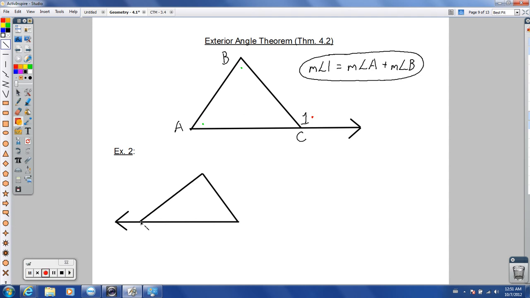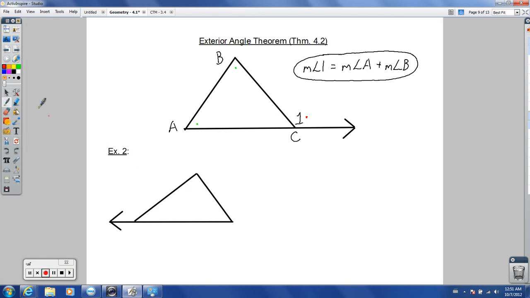It doesn't look bigger than 90 to me, but we're going to assume that it is. So I'm going to say that this is 110 degrees right here. Again, we trust the numbers that are in there, not necessarily what the picture looks like itself. Let's call that x degrees, and I'm going to call this one 4x minus 7 degrees.